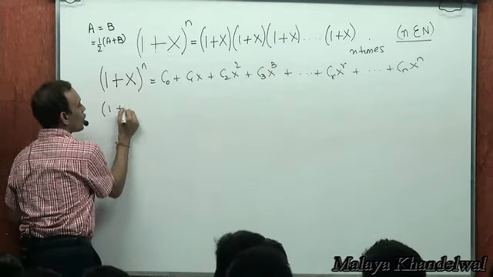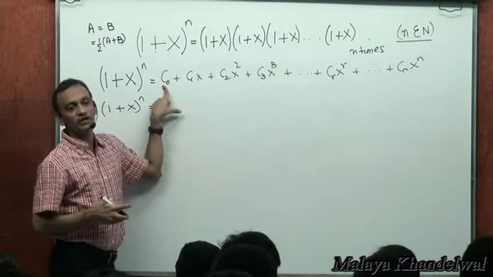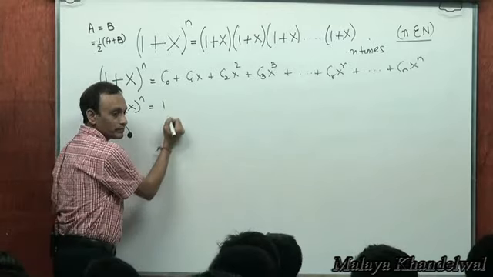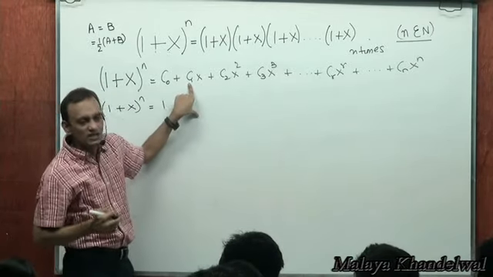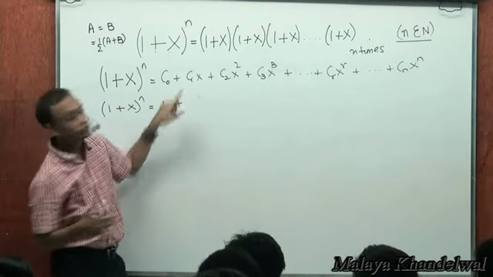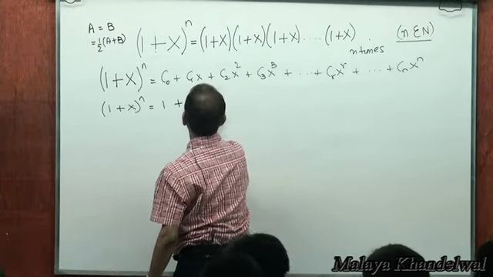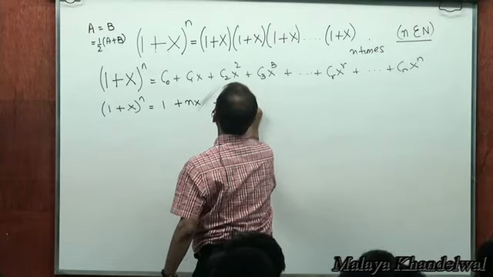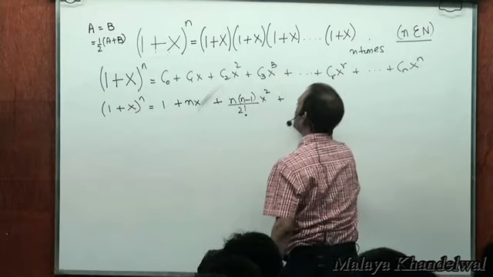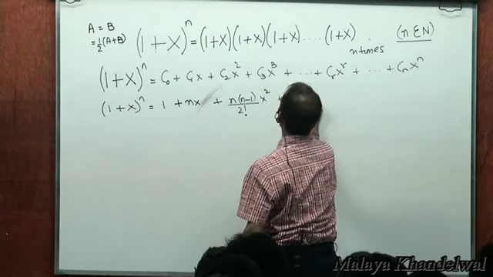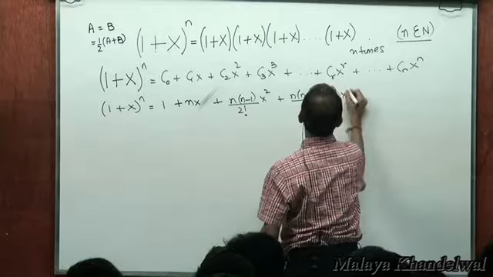When I say a raw representation, what it really means is NC0 is actually 1, so I write this as 1. This is NC1, which is n, so I write that as n x. NC2 I write as n into n minus 1 by 2 factorial x squared. Similarly, NC3 will turn out to be n into n minus 1 into n minus 2 by 3 factorial x cubed.